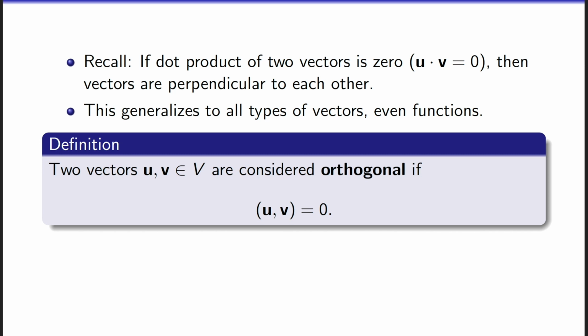And so therefore, we use a different terminology. For a general vector space V, we say that two vectors are orthogonal if their inner product is 0. So two perpendicular vectors in R2 or R3 are also called orthogonal. But in the more general sense, where perpendicular doesn't really make a whole lot of sense, we use the terminology orthogonal.